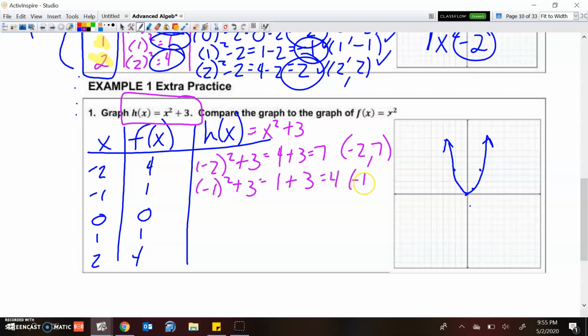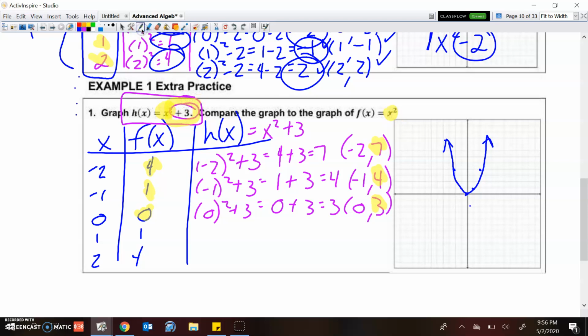So I have negative 1, 4. And then I have 0 squared plus 3, which is 0 plus 3, which is 3, so I have 0, 3. Again, notice that this plus 3 looks like it's just taking each of my old values and going up by 3, and that's exactly all it's doing. Instead of x squared, now I'm just adding in this plus 3.